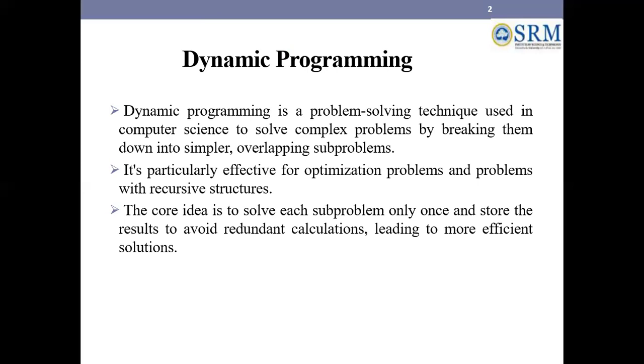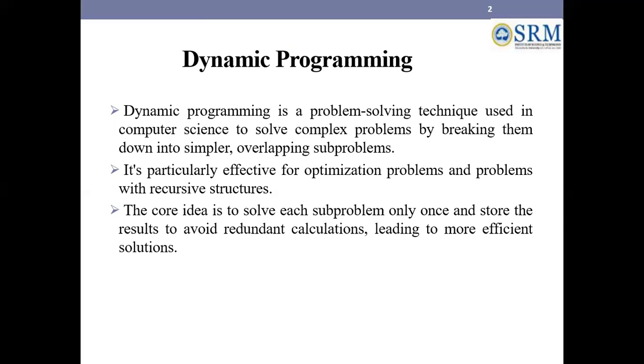It is mainly used for solving optimization problems. Optimization problem means the objective is to maximize or minimize the objective values. There are two types of optimization problems, maximization problems or minimization problems. In the case of a maximization problem, the objective function is to maximize the value.